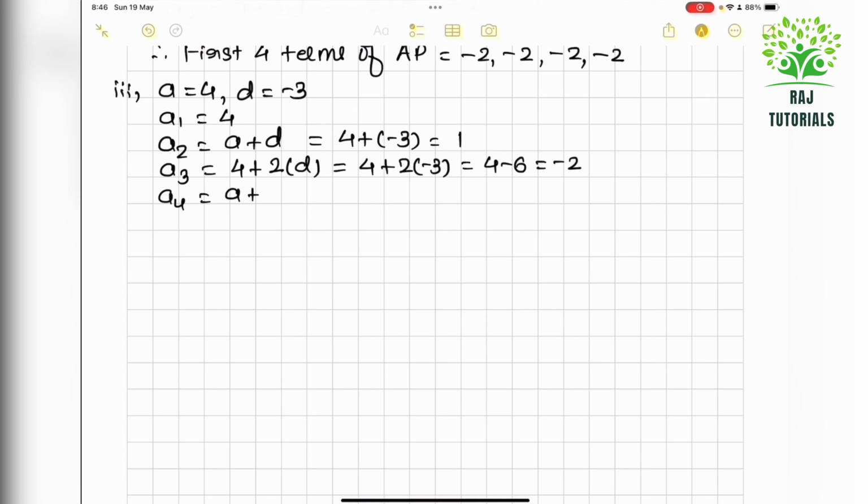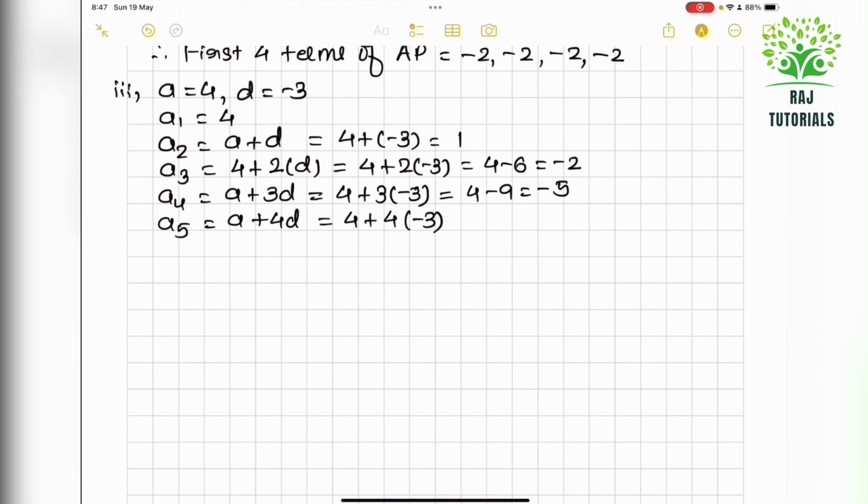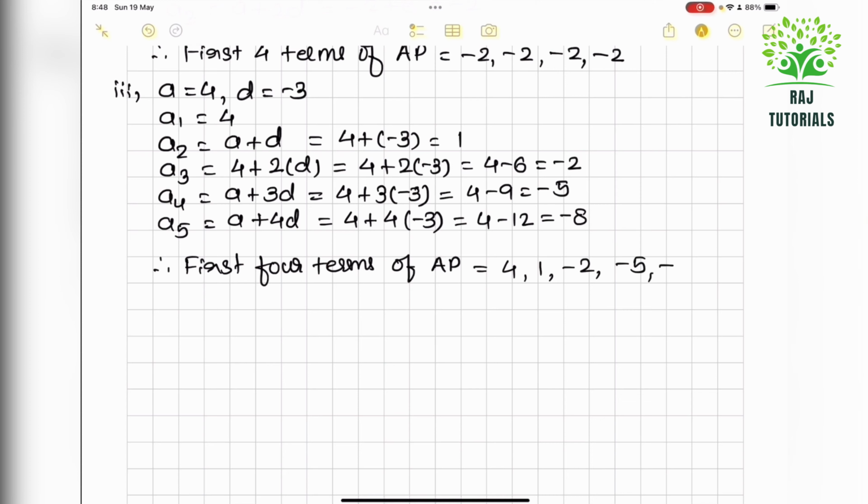A4 is A plus 3D, so that is 4 plus 3 into minus 3. So 4 minus 9, so minus 5. A5 will be A plus 4D, 4 plus 4 into minus 3, 4 minus 12, minus 8. Therefore first terms of AP will be 4, 1, minus 2, minus 5, minus 8.